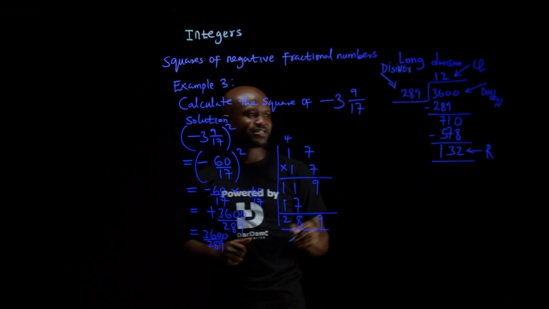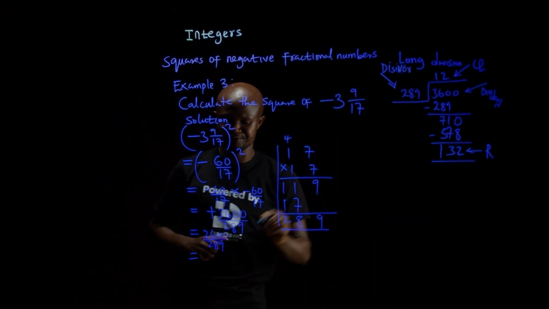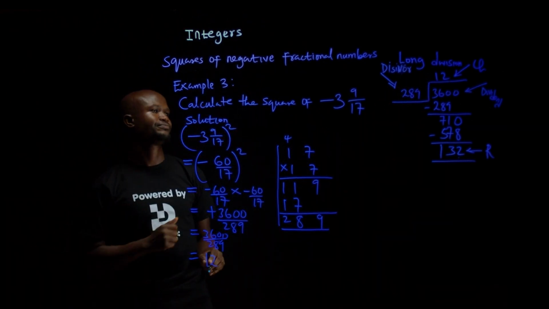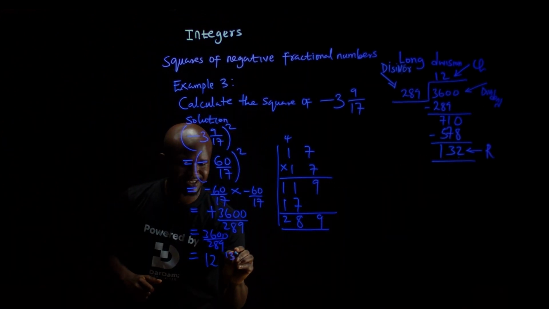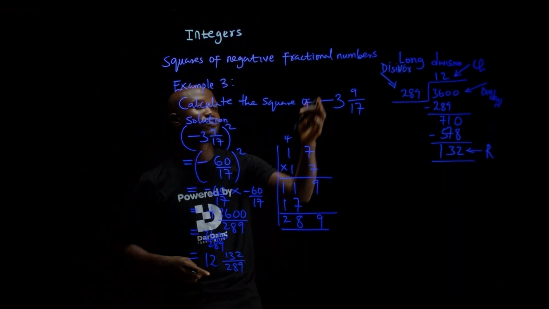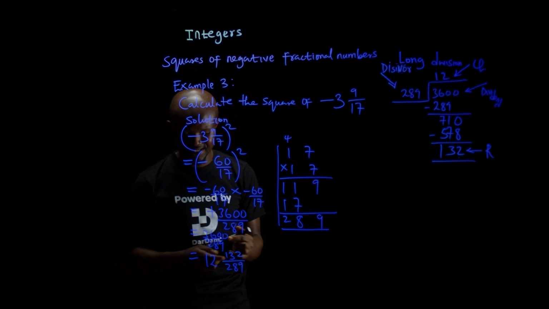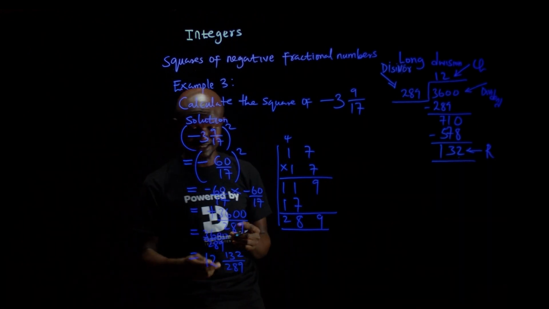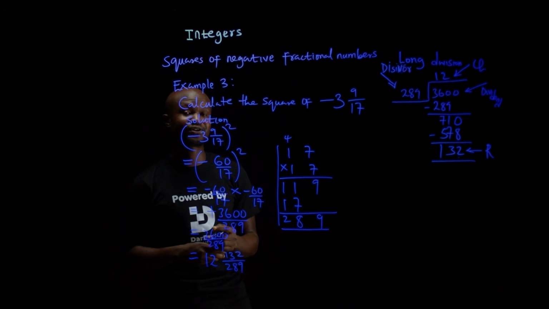So in that case, we can now have our final answer to be equal to your quotient first, 12 whole number, remainder 132 over divisor 289. So it means that the square of minus 3 whole number 9 over 17 is equal to 12 whole number 132 over 289. So that is the answer to the question. Thank you.